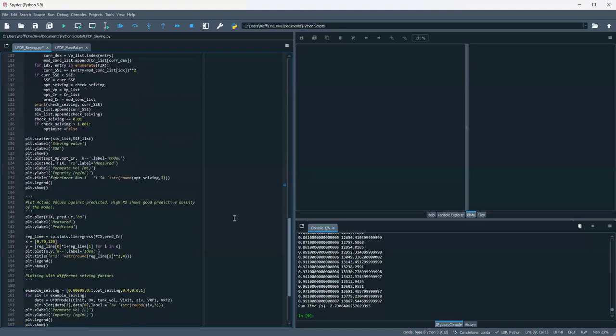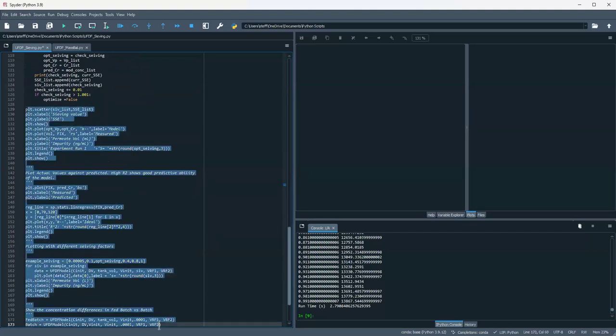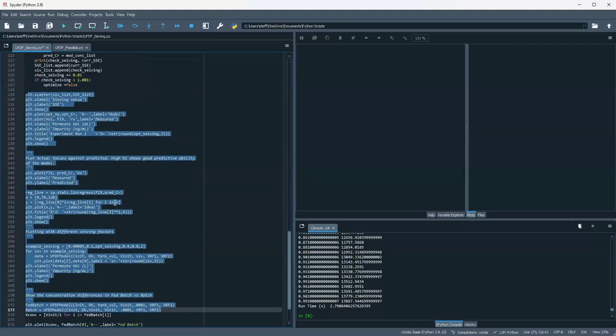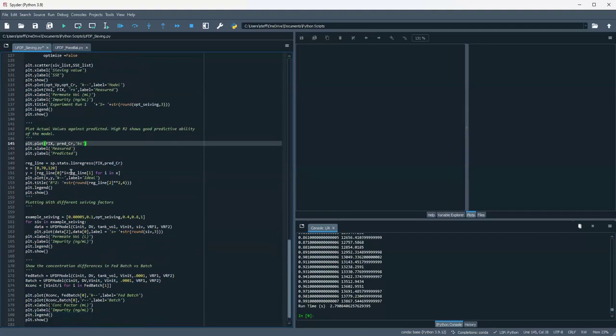And then down here, I have all of this. These are all different plots that I'm going to make, and you'll see in a second. There's certain stuff you can change in here, like where it says X label and Y label. Maybe you'll want to change these to say something different.